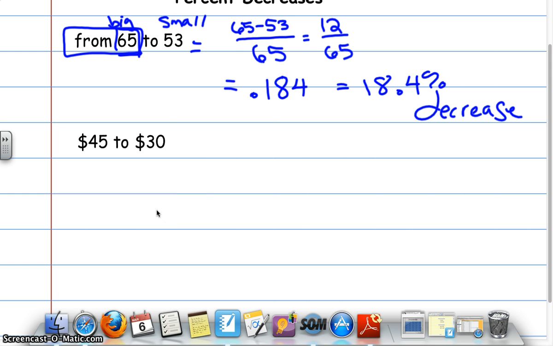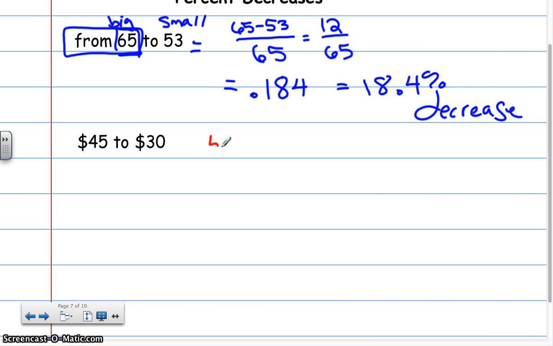Okay, to find this next one, we use this a lot when we are talking about sales or if amounts are going to go up. A lot of times, companies use this to describe their sales. All right, so the first thing I'm going to do is go my big number, take away my small number, all over my starting. My starting price was 45. That is 15 over 45.